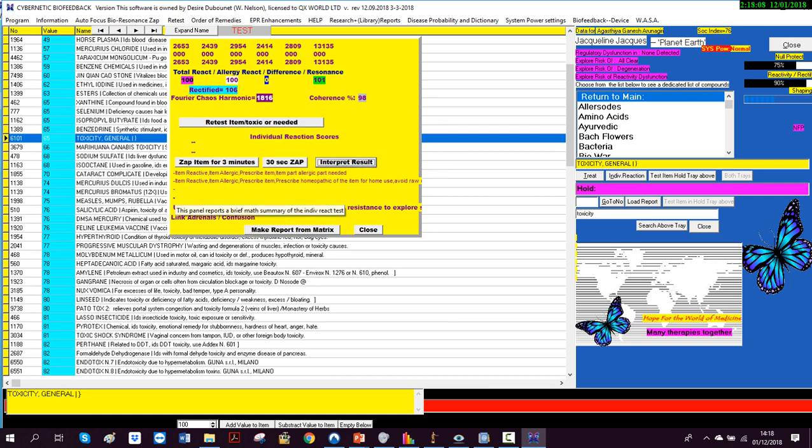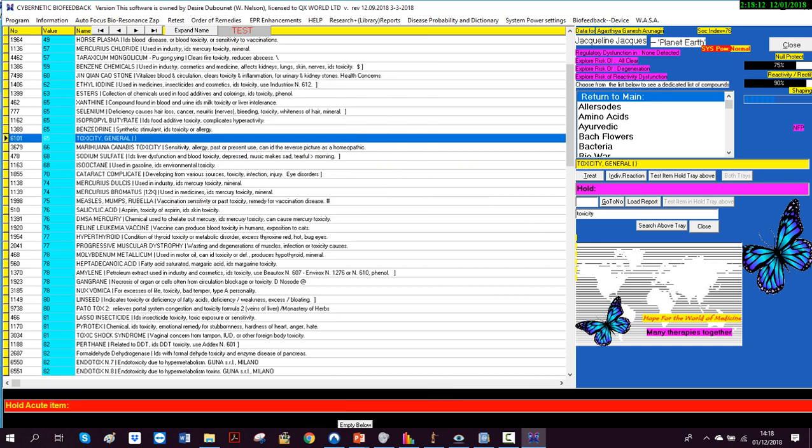You can see how wonderful it is. Then I could do 30 seconds for this toxicity. I can look at mercury, aluminum, cadmium, and all of those toxins one by one, and then I can work on that.